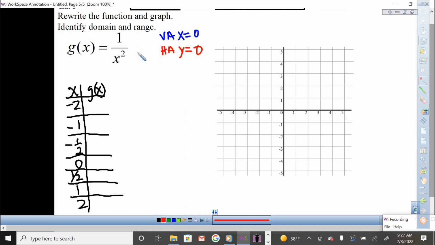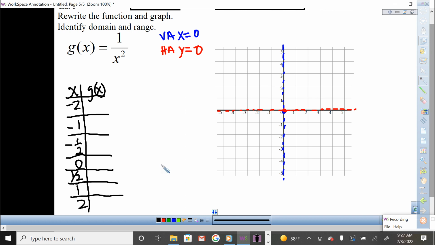There's no number here, no constant, and there's no number next to the x. Still the same process, okay? So let's identify those. x = 0 is right there. So we do a dotted line going straight down through the y-axis. And then again, the 0 is right there, and the dotted line going over the x-axis. There it is. Okay.